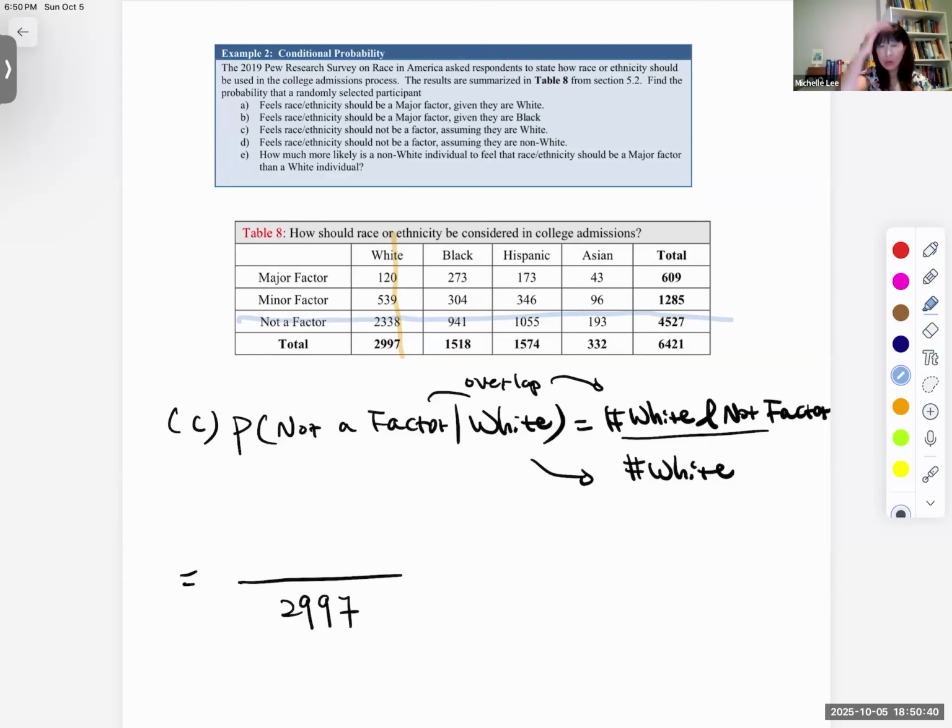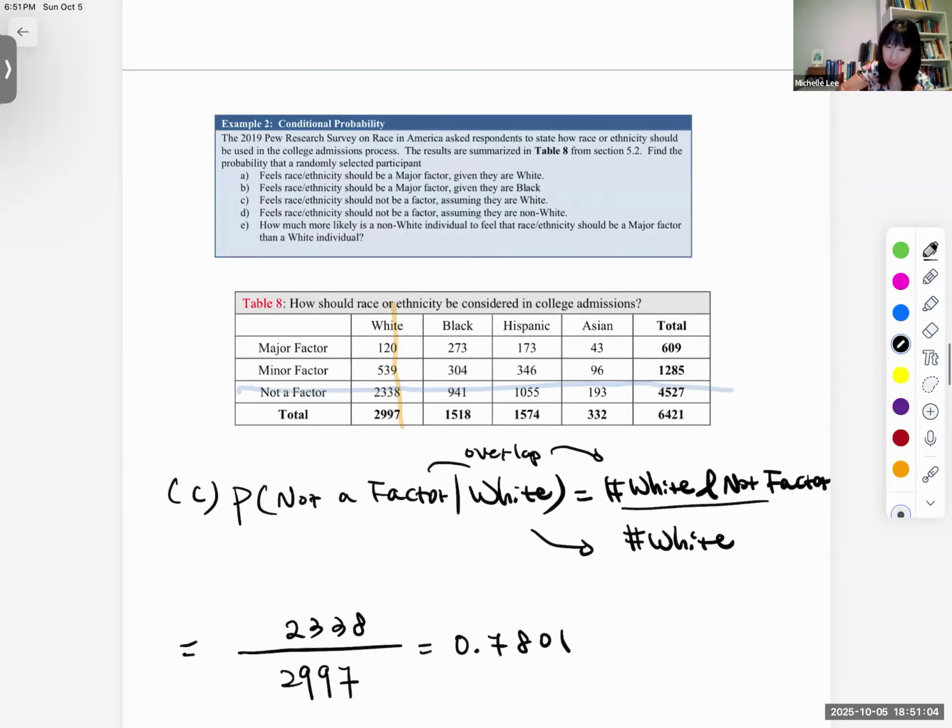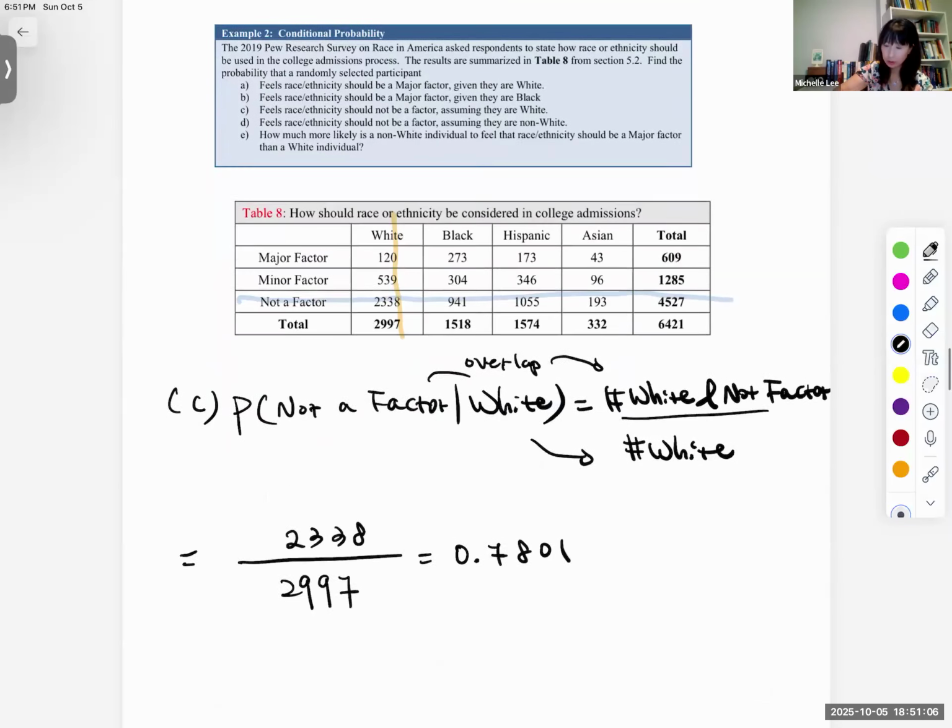So overlap part is 2338, right? Okay. Calculate. 0.7801. Yeah, different number, right?